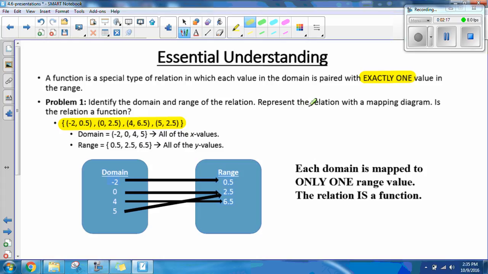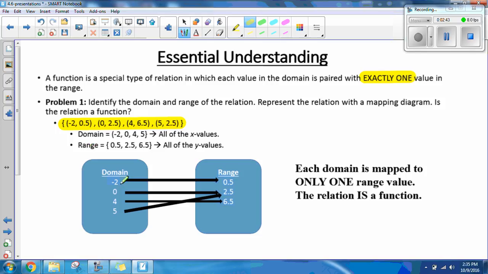Now we're going to map each element in the domain to each element in the range. So our domain consisted of -2, 0, 4, and 5. You create a little bubble, and you create another bubble with all the range values, which are 0.5, 2.5, and 6.5. We'll map each of the domain values to the corresponding range.